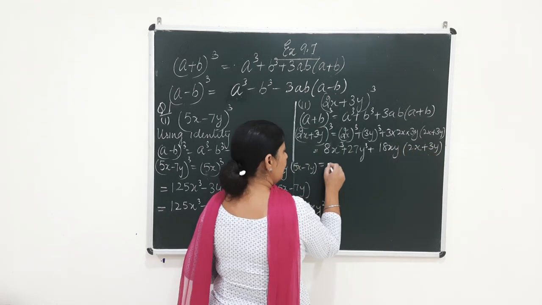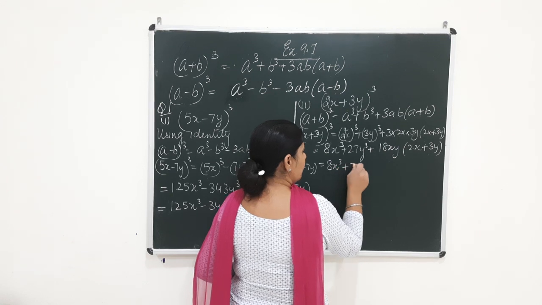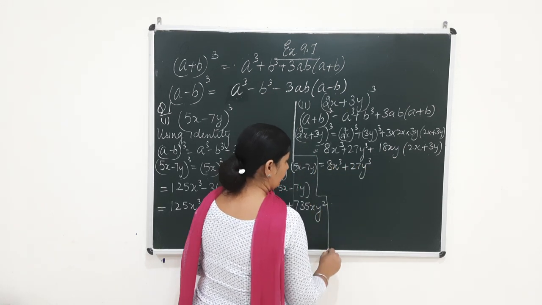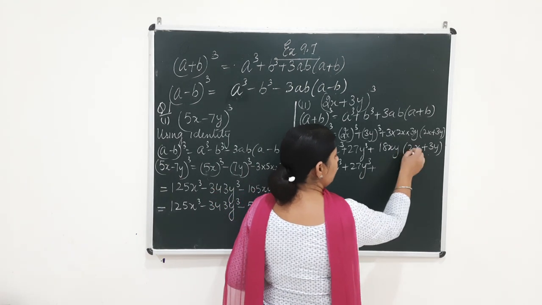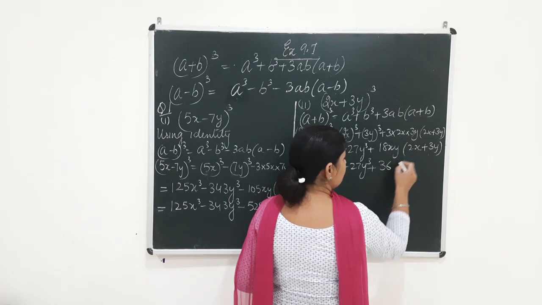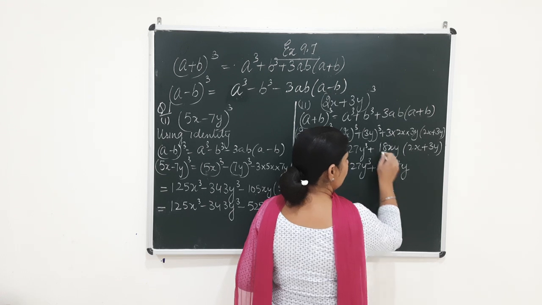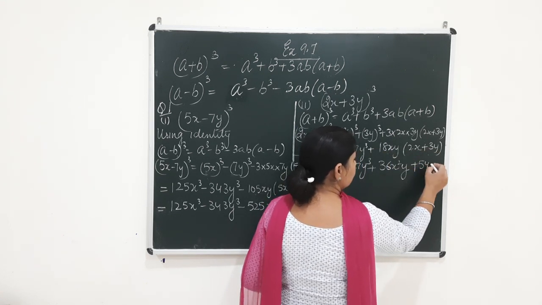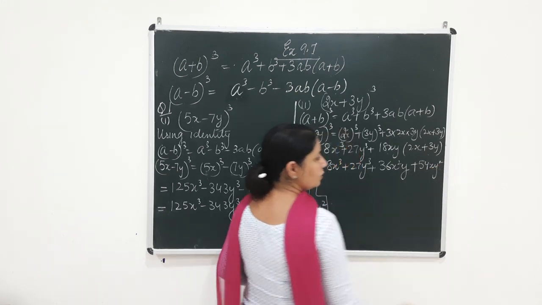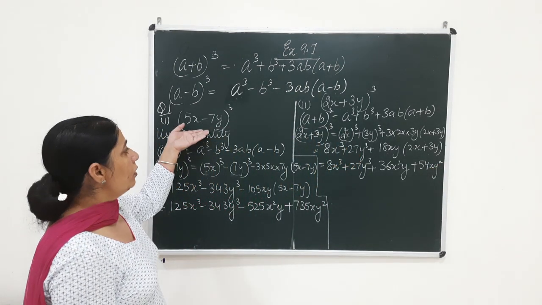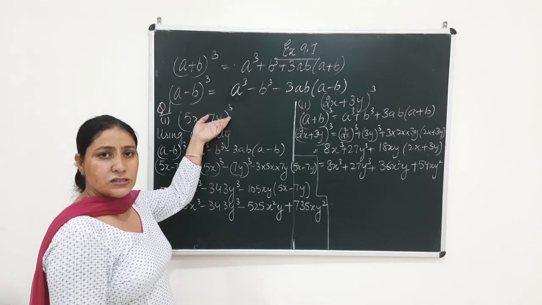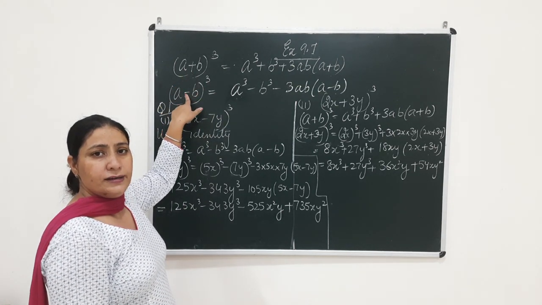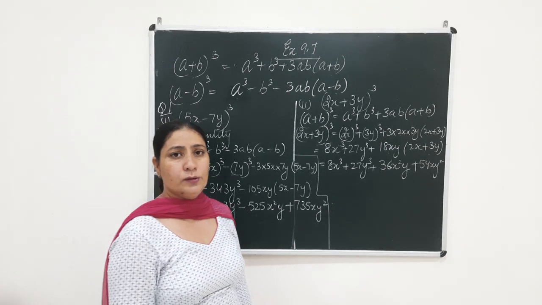So beta, what do you get? 8x cube plus 27y cube, okay, plus 18 twos are 36, x into x becomes x square y, plus 18 threes are 54 x y square. So in this way, beta, we can solve the sum. If it is a positive identity, we will use the formula a plus b. If the negative sign comes, then we will be using a minus b the whole cube formula.